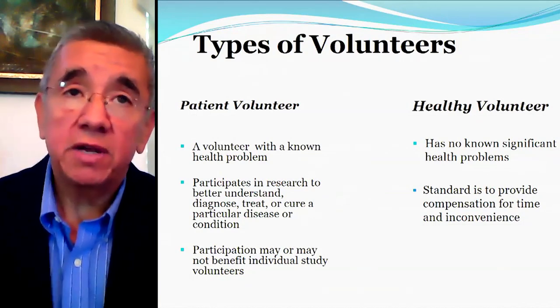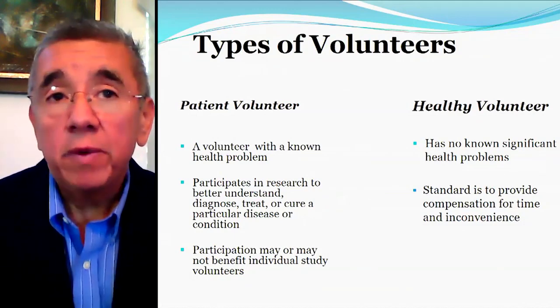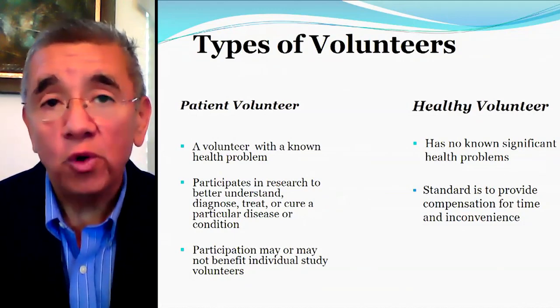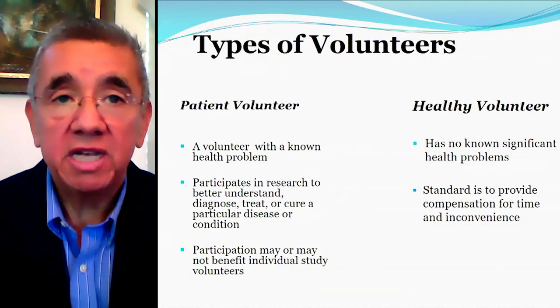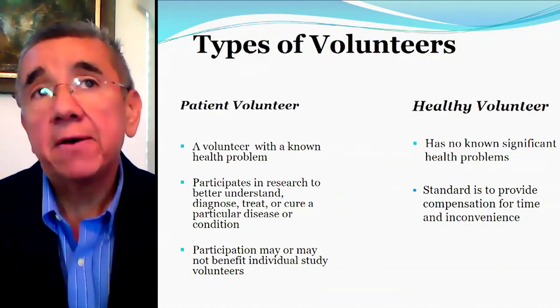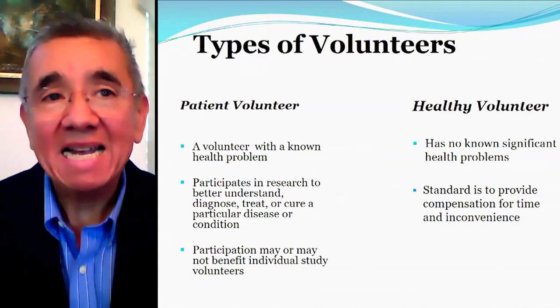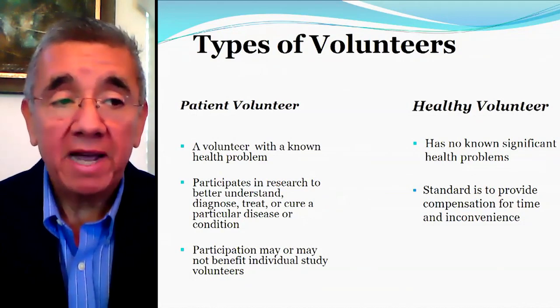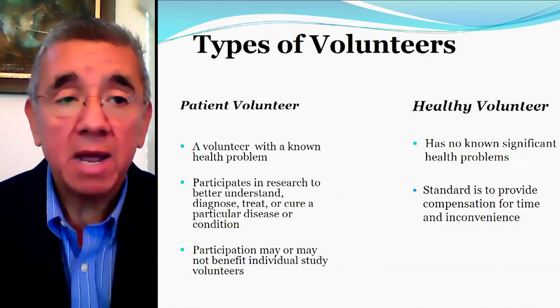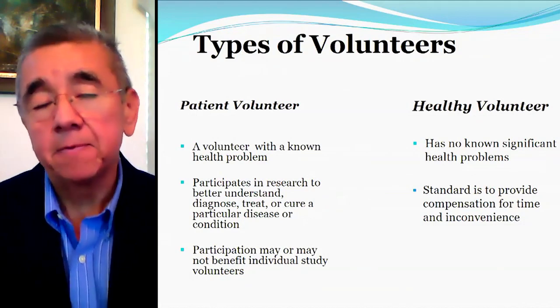The healthy volunteer registry that we have serves all the institutes. Each institute always asks us to provide a list and they give us the parameters. Let me give you an example.